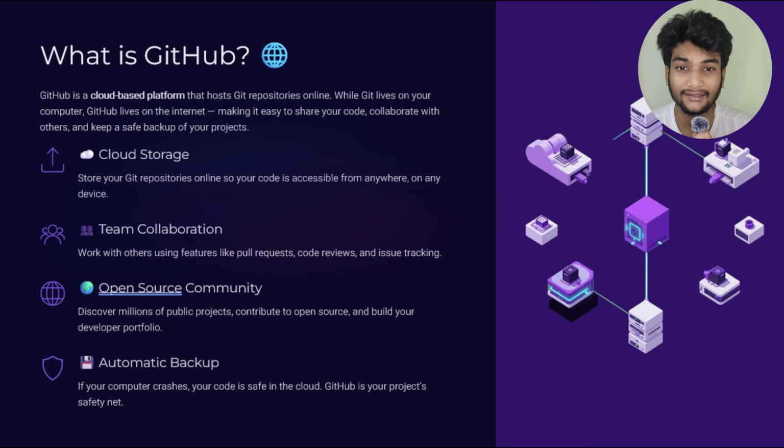If we push to GitHub, it is backed up automatically, and whenever we want, we can access and check it. So even if our computer crashes, your code is safely in the cloud. GitHub is the project's safety net.